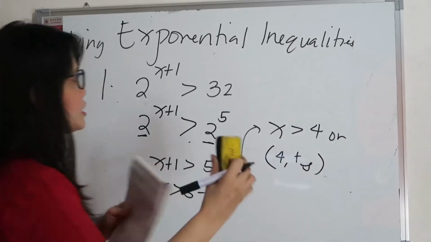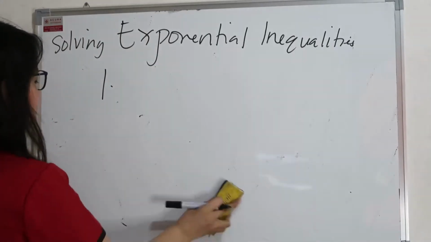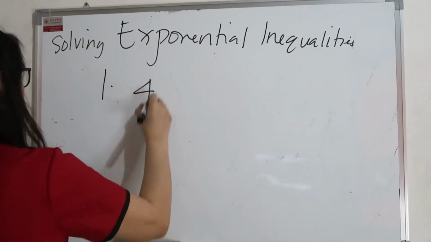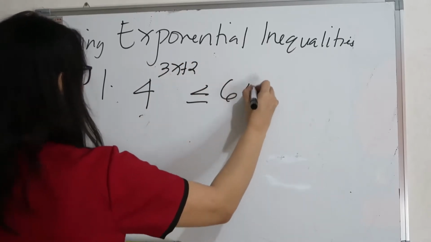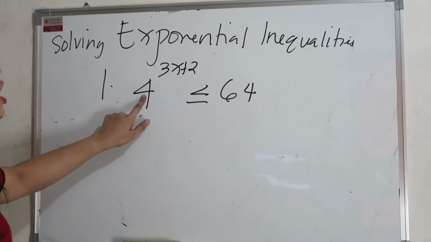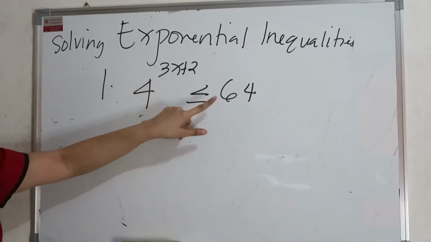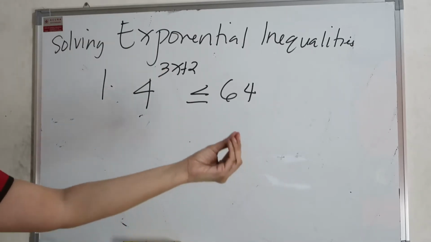Another example. So that is solving exponential inequalities. Let's say the given is 4 raised to 3x plus 2 less than or equal to 64. So how do we solve it? Same thing.